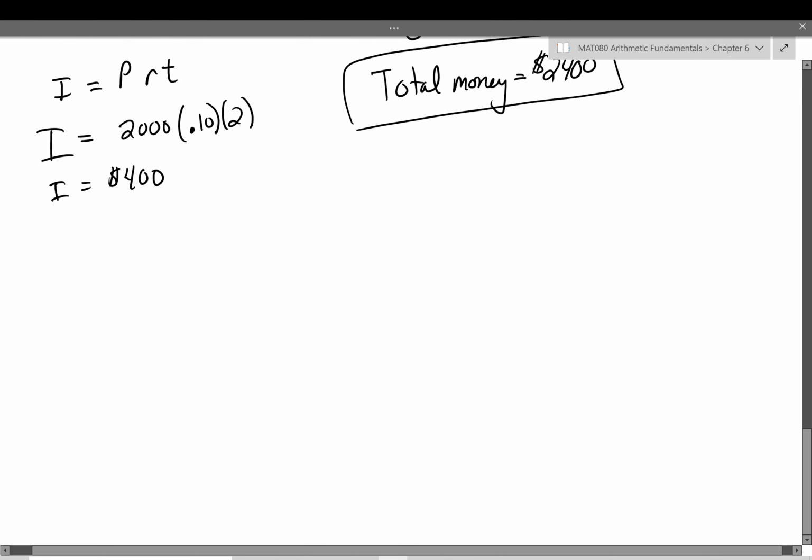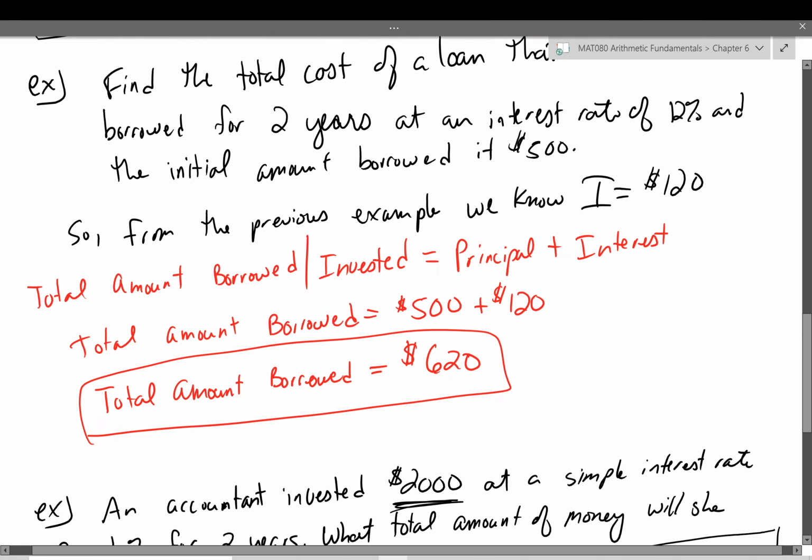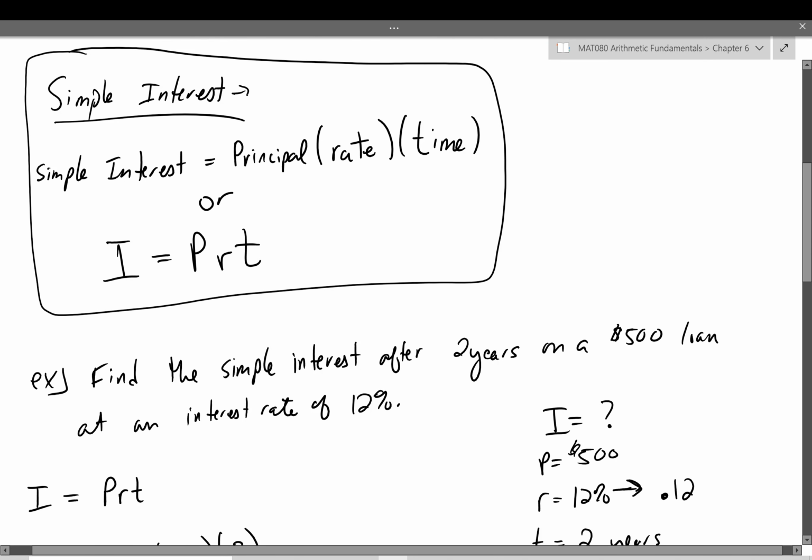So the last example we're going to deal with is called compound interest. Okay? Now, the difference between simple interest and compound interest is the fact that with the simple interest, okay, let me go all the way back up here. With the simple interest, this is compounded once. Actually, no, it's just compounded once.